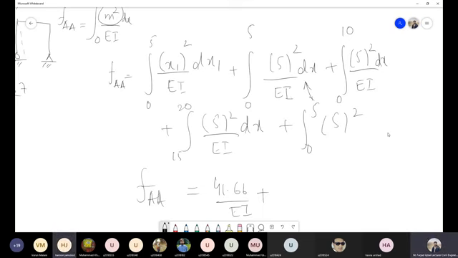Sir, didn't we take x1 and x5 as negative? You can take it as minus. The square will be positive, obviously. And by the way, this is also x5. These two are not same. This is x5. Everything is negative, but when you take the square, it will be positive.